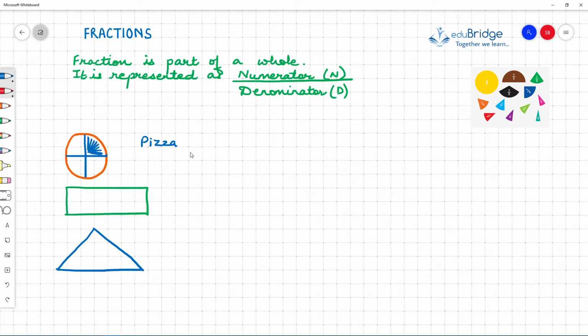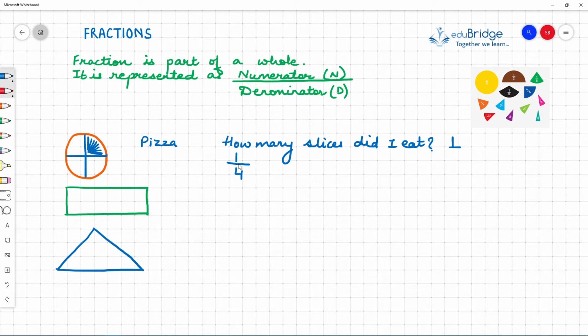So, how many slices did I eat? That is one. So, how do you represent this as a fraction? This is represented as 1 divided by the total number of parts, which is 4.